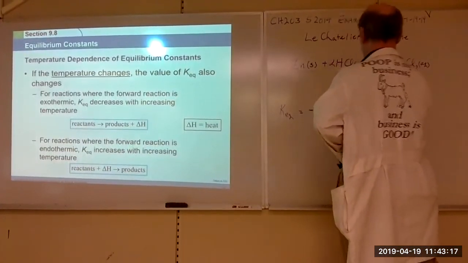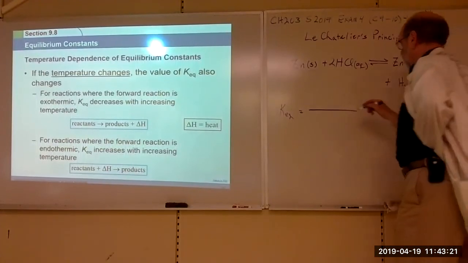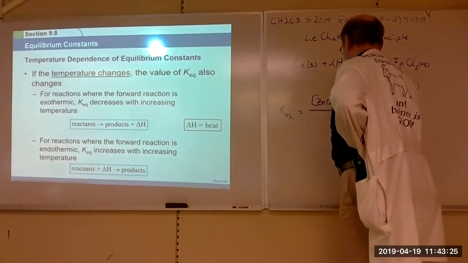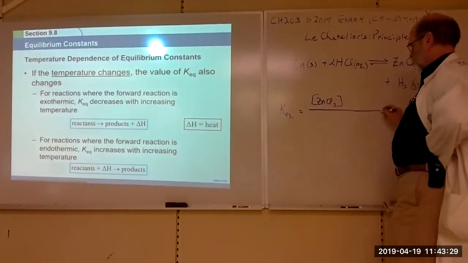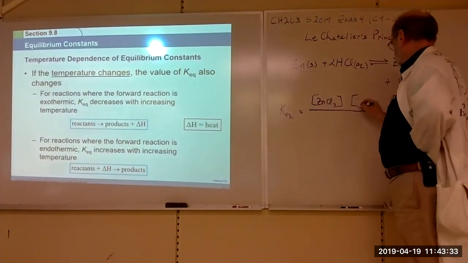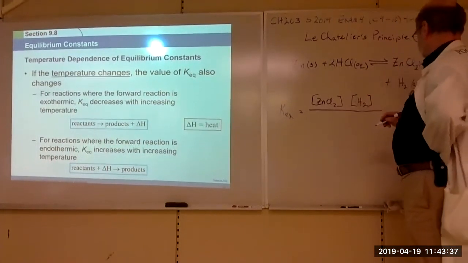Two hydrogens, two chlorines, one zinc. There you go. So that's to the first power, right? So we don't have to write it. And this one to the first power.